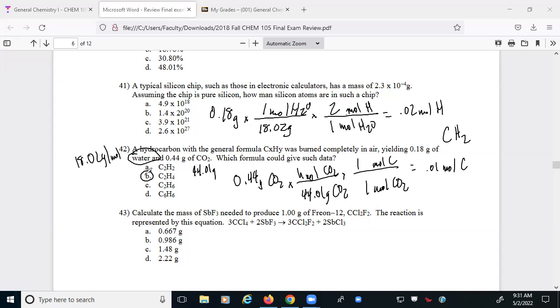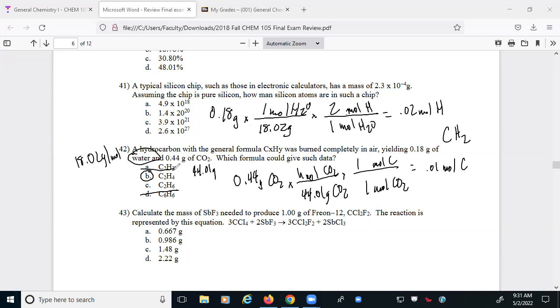In a case like this, in which you have no way of getting the molecular formula because you don't have a molar mass, anything that has the same empirical formula could have been eliminated right off the bat. So it wasn't that A and D were the correct answers.